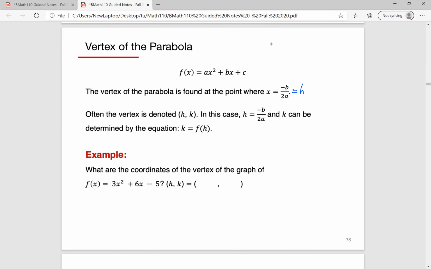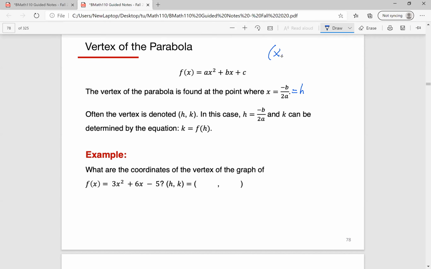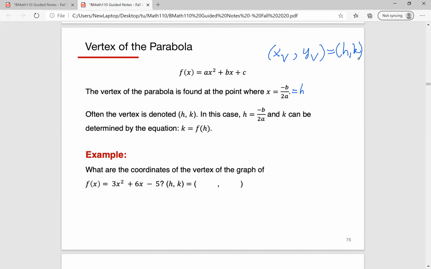So for the vertex, say x_v, which is the x of the vertex, and y_v is going to be equal to h, k. For x_v, the coordinate value of the vertex will be equal to negative b over 2a.